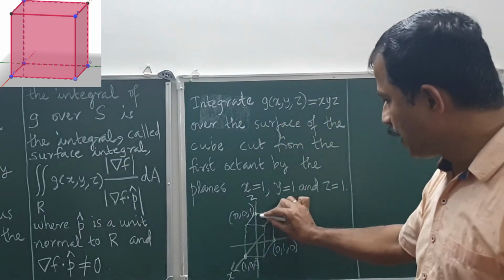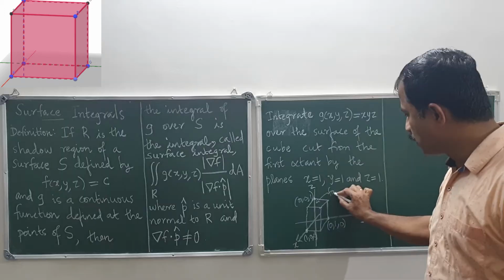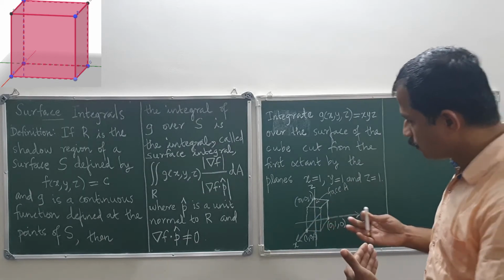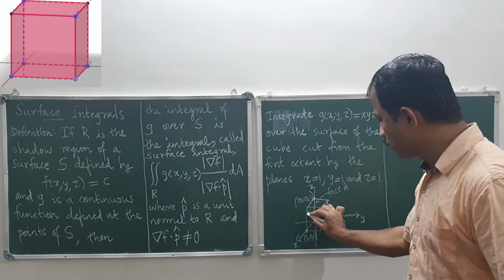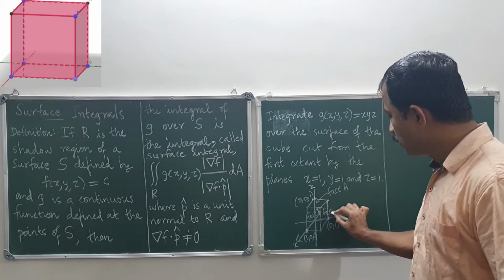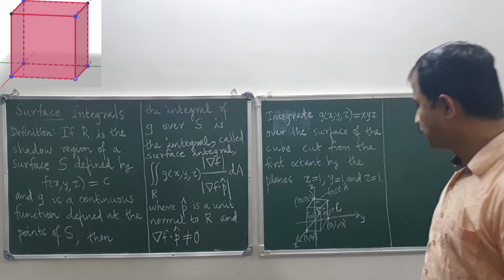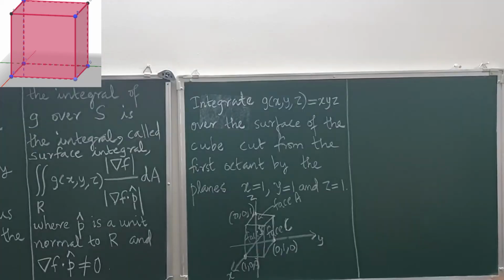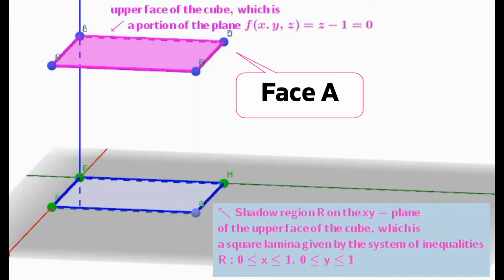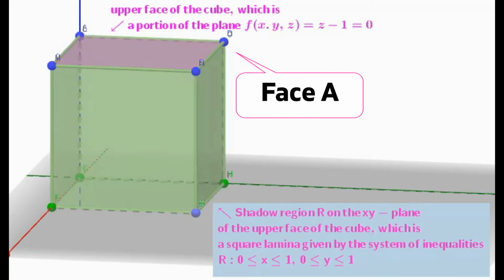One is face A, which is the top face. The face towards us is called face B, and this face is taken as face C. Now consider face A. Face A is at height z equal to 1, hence it lies on the plane z equal to 1.